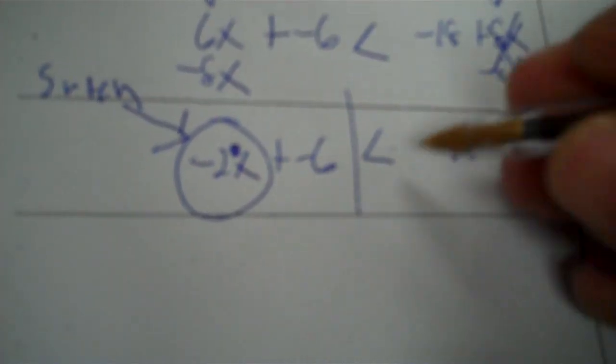So when I add or subtract, the sign will stay the same. It's when I divide by that negative on each side where the sign flips, okay? That the switch doesn't come till we divide by that number. So I add 6, we have negative 2 times x, and then negative 18 plus 6 is negative 12.